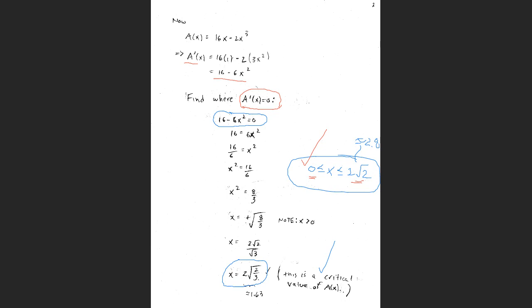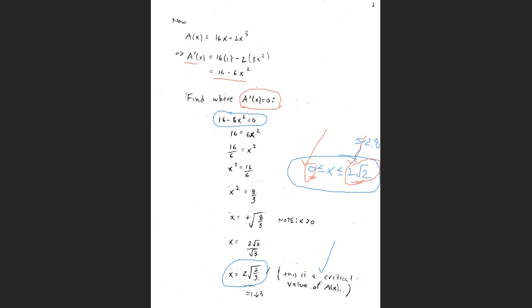Because we have a closed interval, we have to check the value of the area at each of these endpoints. We just have to do it, and you'll see why. Let's go ahead and check that.